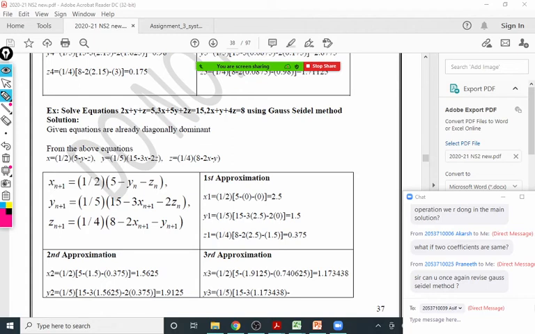For yn plus 1, we write yn plus 1 equal to 1 by 5 into 15 minus 3 times x. Now for this x, we are not writing xn because before yn plus 1, x has already appeared. That is xn plus 1, we write it. This latest value we will use. Both these latest values we use there. So only the formula is different. And then once you have the formula, you have to do the calculations only. Yes, any doubt?